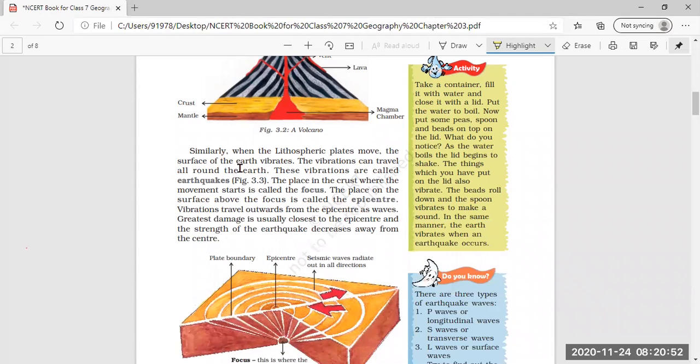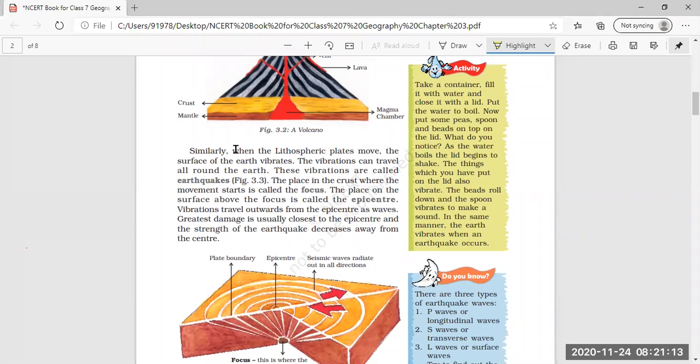Now, similarly, when the lithospheric plates move, the surface of the earth vibrates, and the vibration can travel all around the earth. These vibrations are called earthquake.